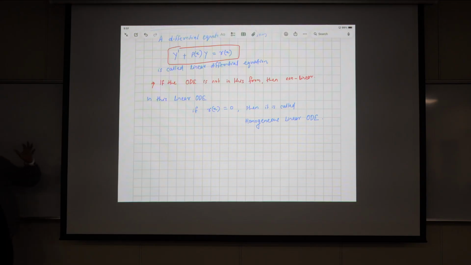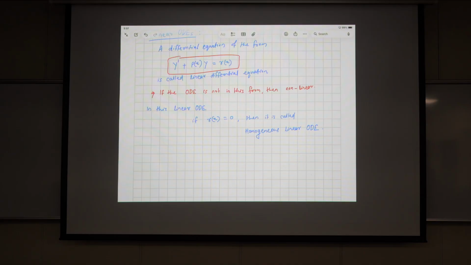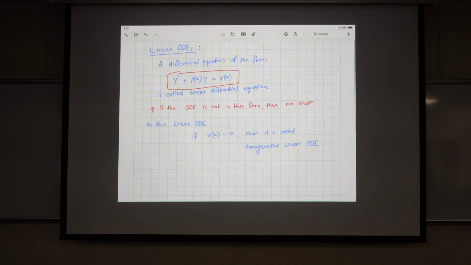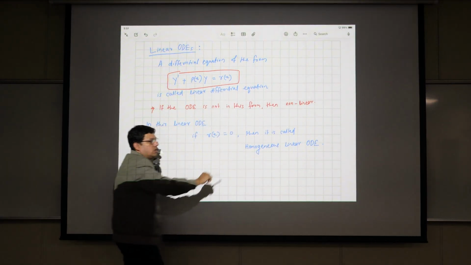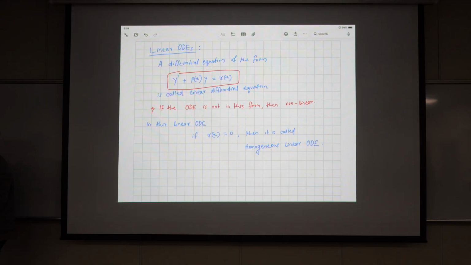Okay, first we differentiate ODE into linear ODE and non-linear ODE. Now our focus is only linear ODE. Now in the linear ODE, if the r(x) is equal to 0, that means if the value of this one is 0, then the ODE is called homogeneous linear ODE.